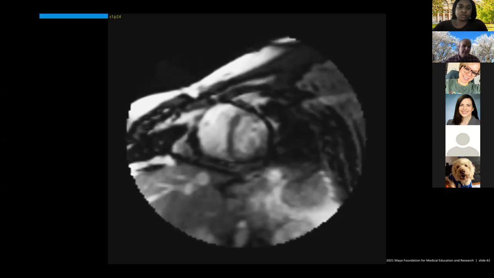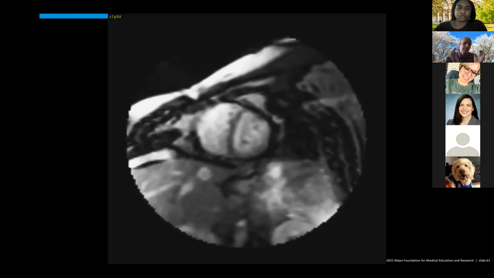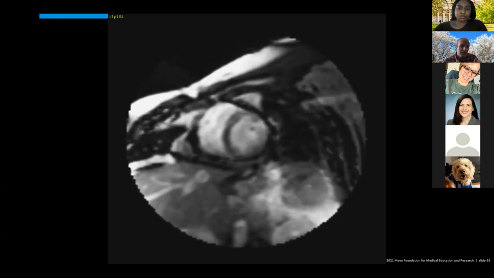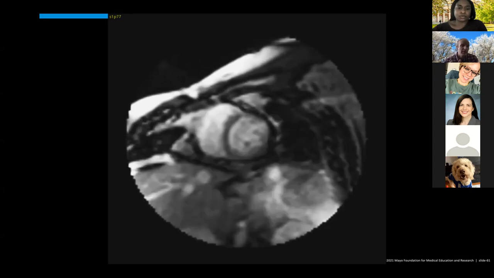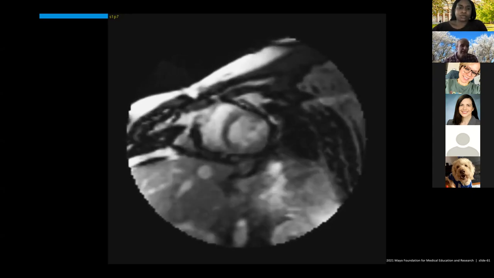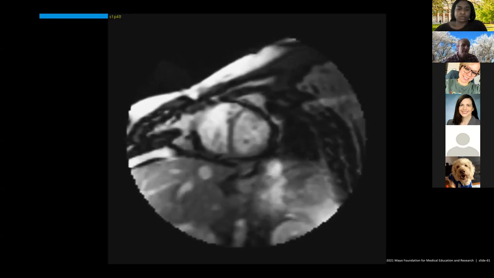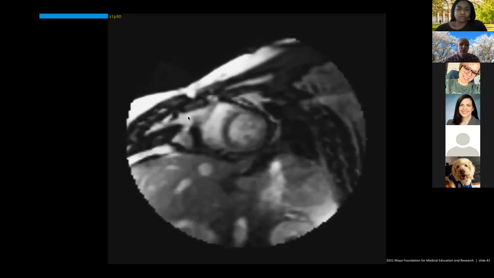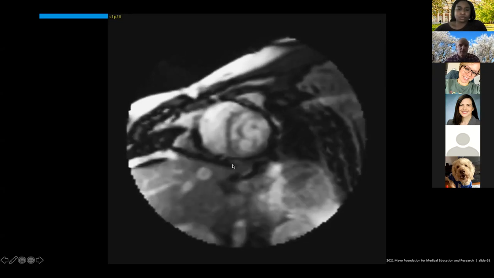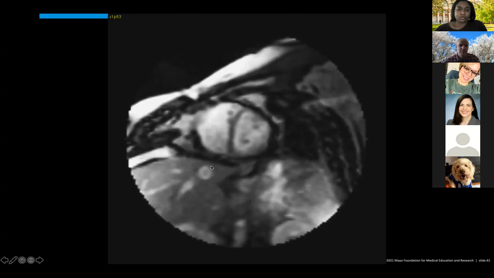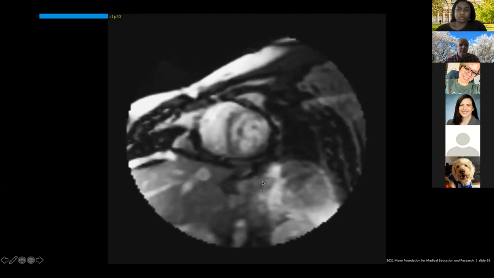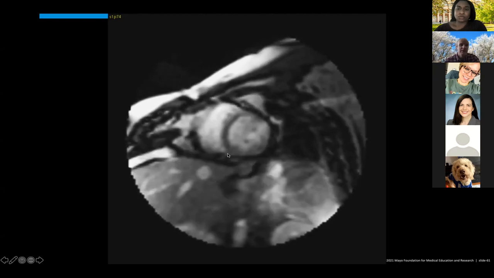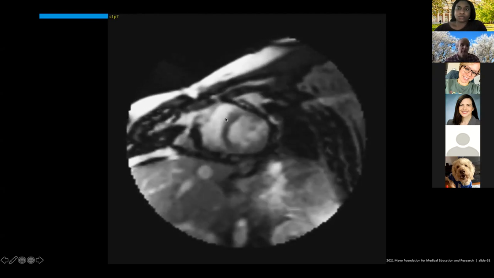And because the thickened pericardium is constricting the right ventricle, you see flattening or bowing of the interventricular septum to the left. And so when this patient takes in a deep breath, you see flattening of the interventricular septum. When they breathe out, the interventricular septum is round, more normal.